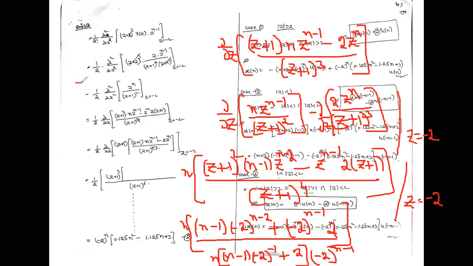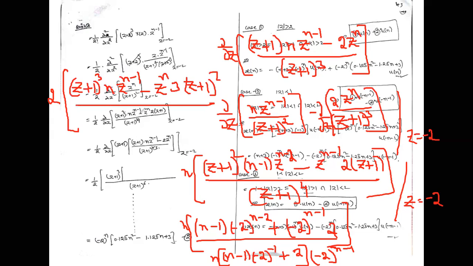So let us see that also: (z+1)^3 into, only the 2 is there, before that the 2 is multiplied, n z^(n-1), minus z^n times 3(z+1)^2, and the denominator is (z+1)^3, not the whole cube, already whole cube means it is power 6.